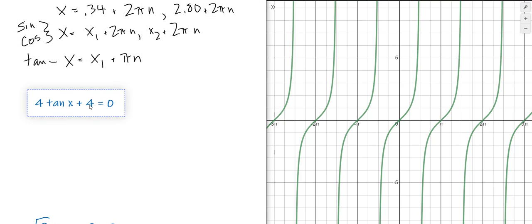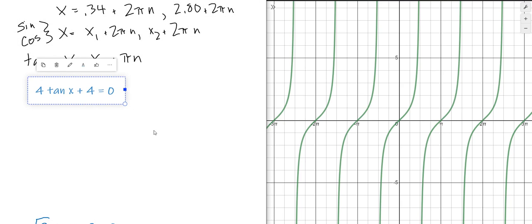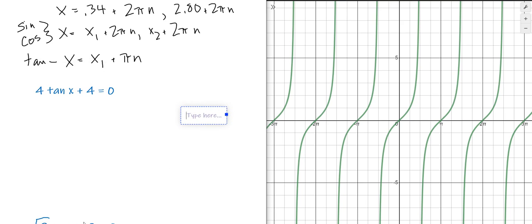4 tan of x plus 4 equals 0. I'm going to do this one algebraically. So if I bring my 4 over, this is going to turn into 4 tan of x equals negative 4.